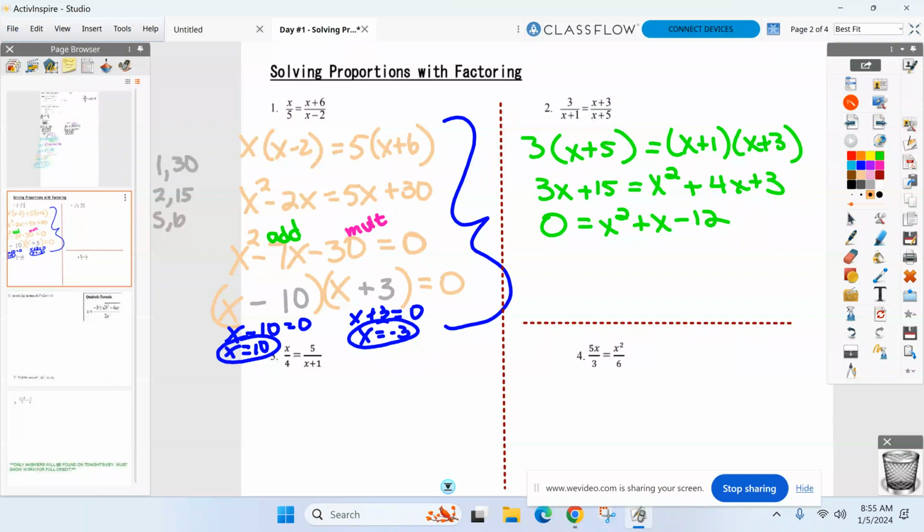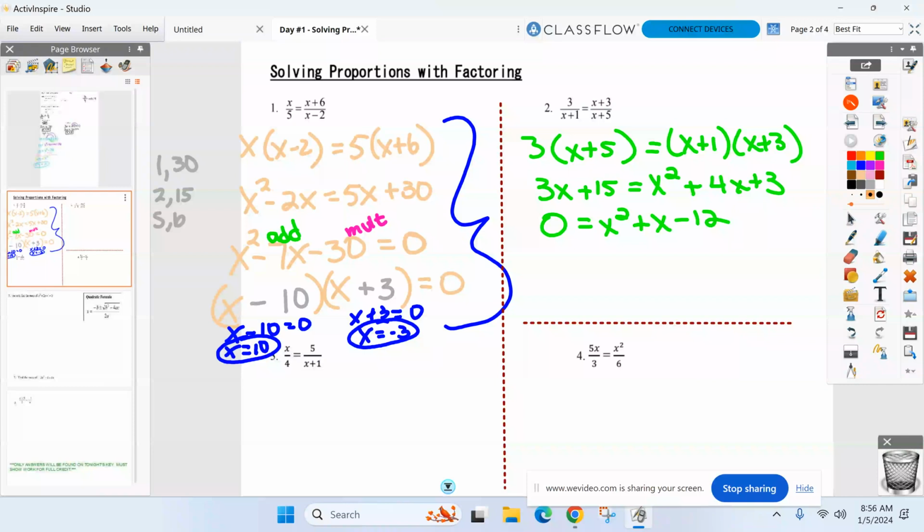Okay, so 2 numbers that multiply to negative 12, but add to 1 at the end. Two numbers that multiply to negative 12 but add to 1.